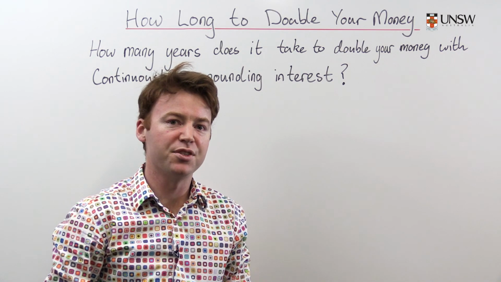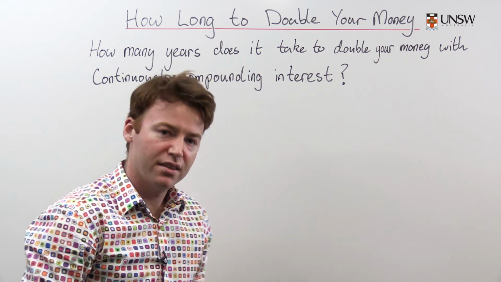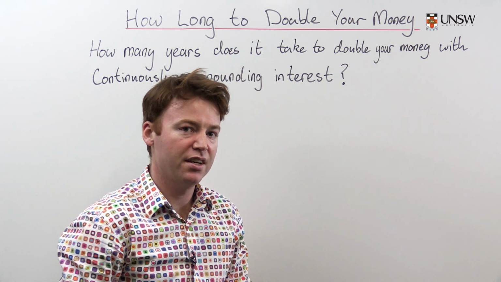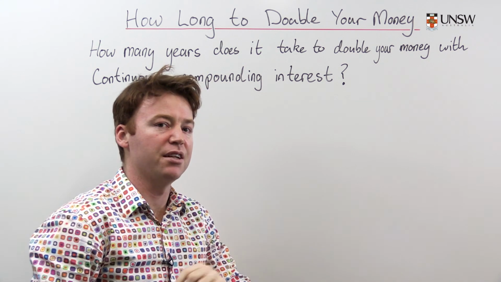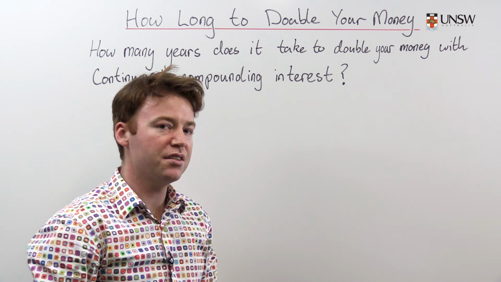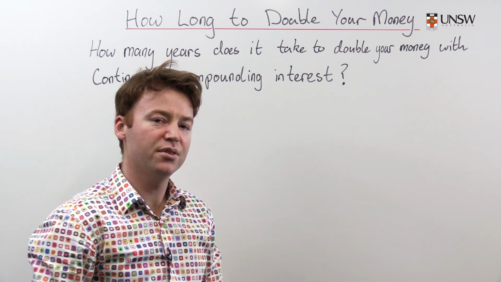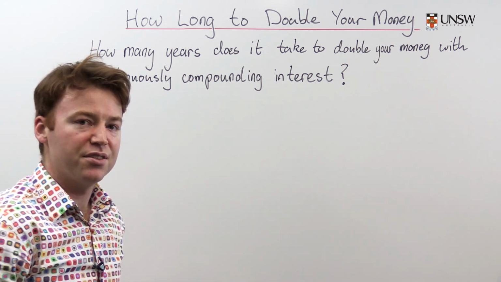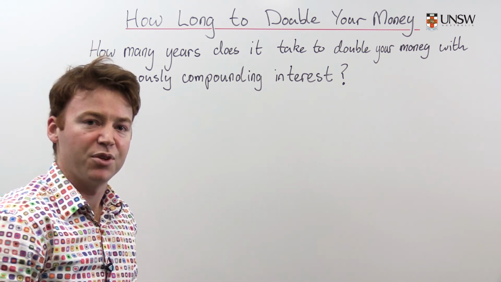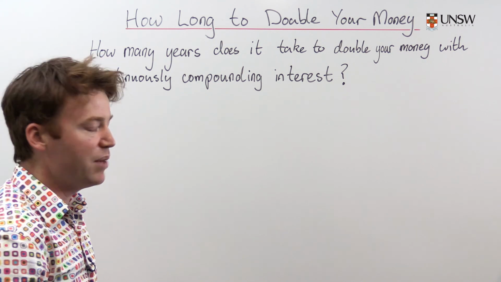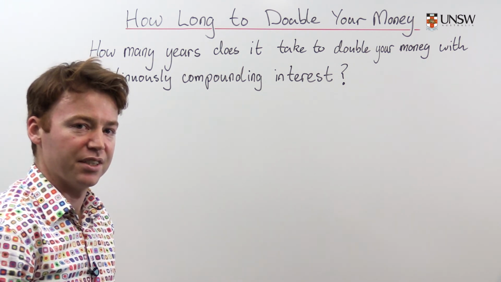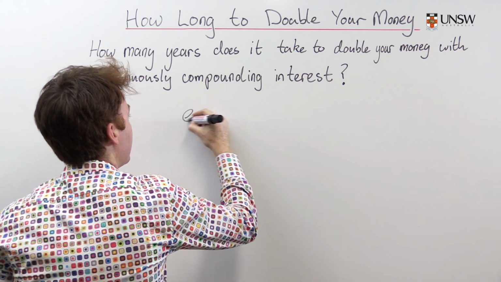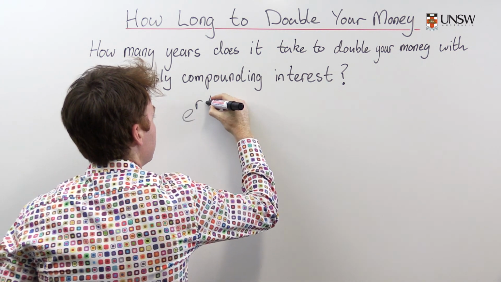So now we're in a position to use our model for compound interest to answer some real-world questions, such as, if I invest $1 in a bank at a rate of interest r, how long does it take until my $1 becomes $2? Well, the answer depends on the frequency at which I'm compounding my interest. If I can compound my interest continuously, then we can model the amount of money I have at time t by this.